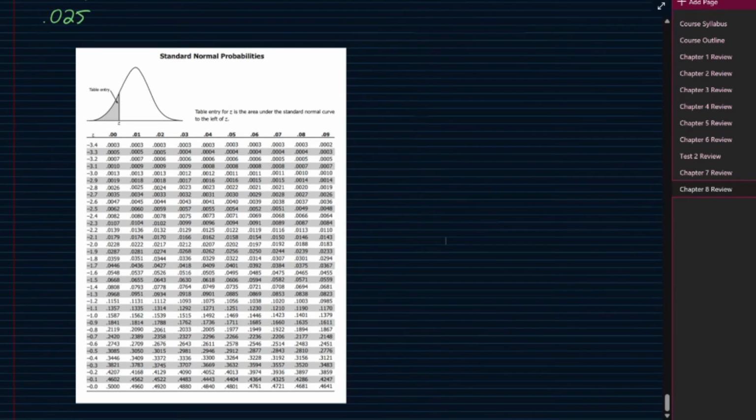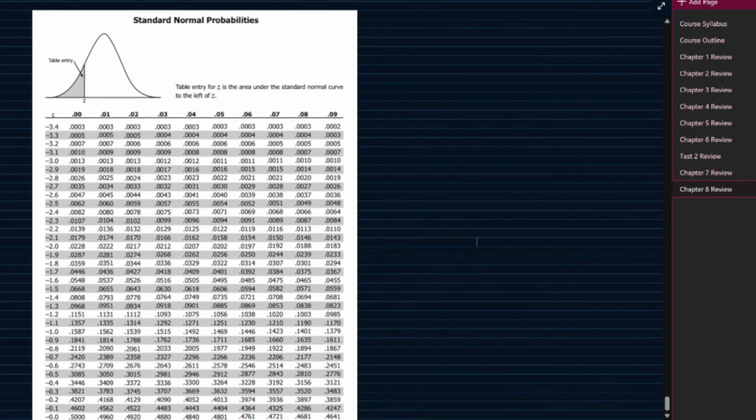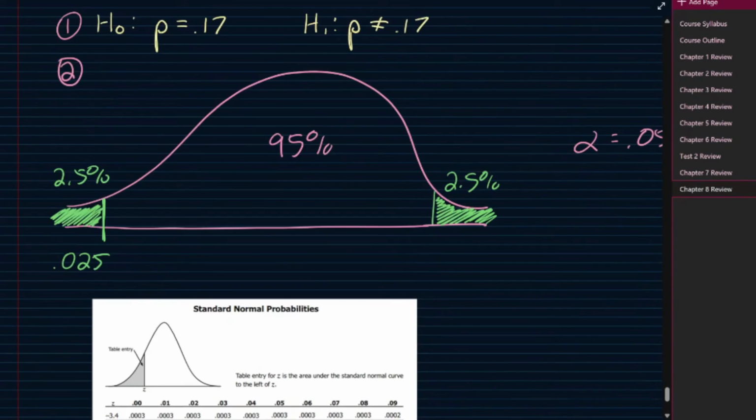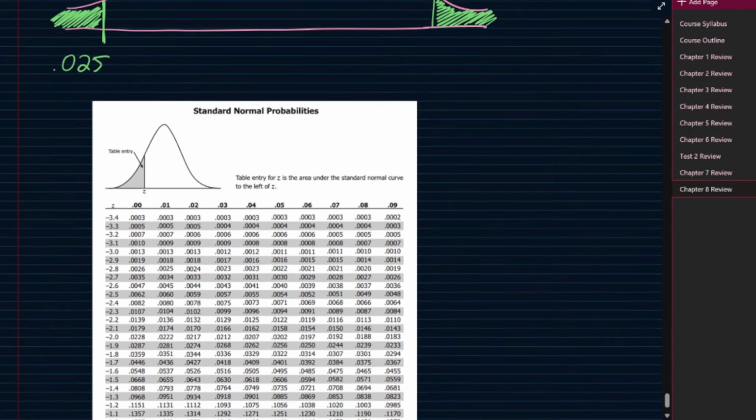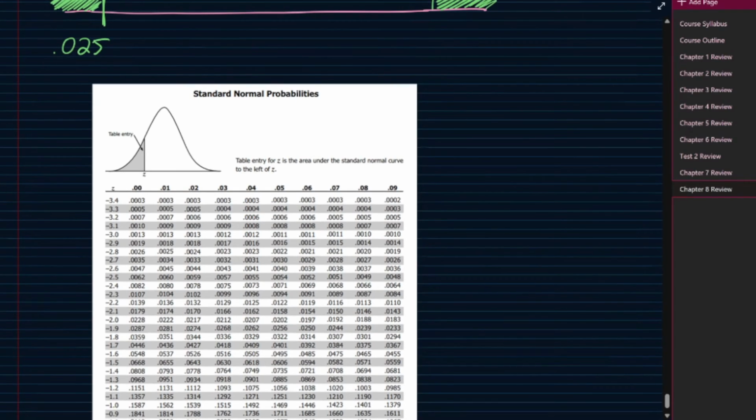That will tell me that value on the left. This one right here, negative 2.81. Oh, I made that mistake I told you guys not to make earlier. I'm looking for 0.025, not 0.0025. 0.025 is right here, actually. Sorry about that. Negative 1.96.